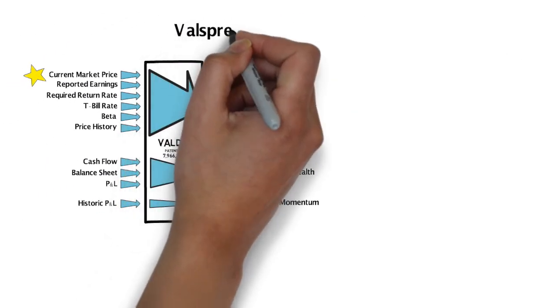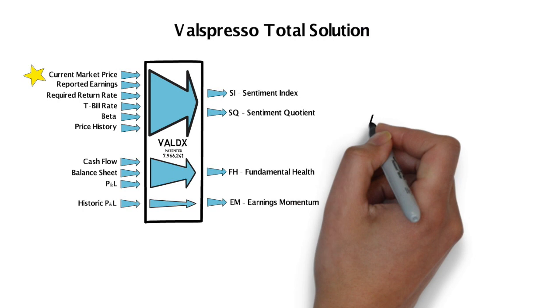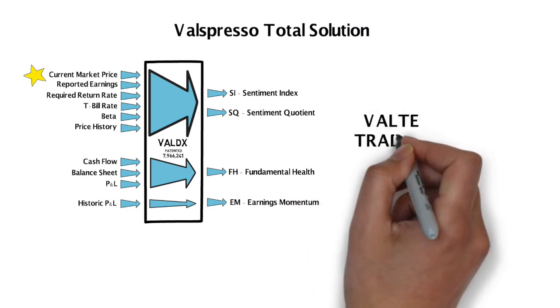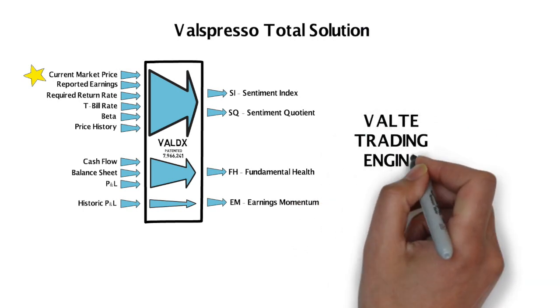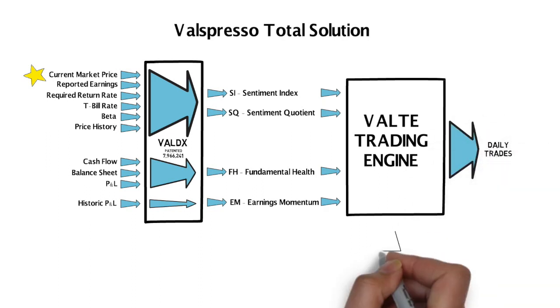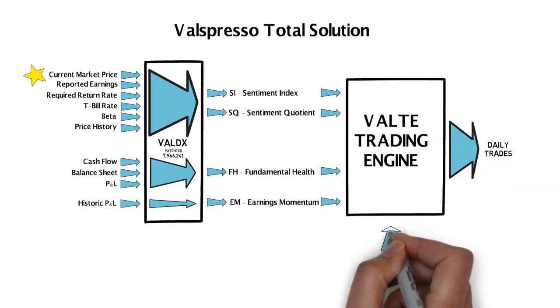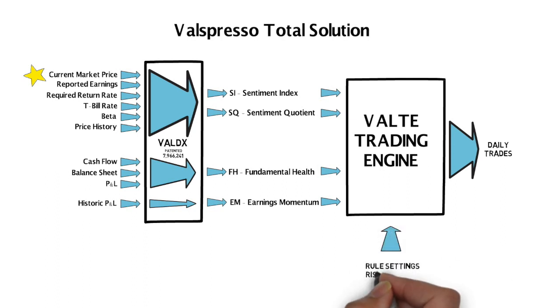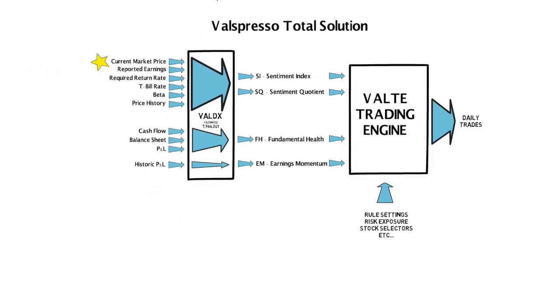Valspresso also offers its own trading engine, Valte, that creates daily trades based upon a flexible rule set in combination with the Valdex data feed. Valte can be attached seamlessly to an automated trading service. Rules include the ability to easily set the limit of risk exposure to any one security and select subclasses of securities to trade.